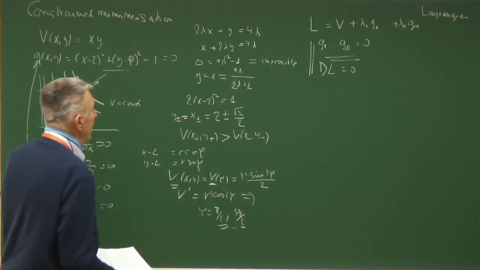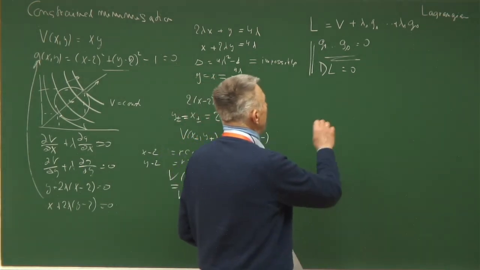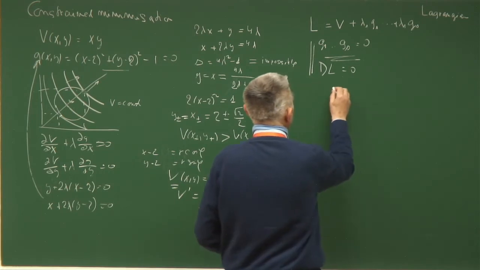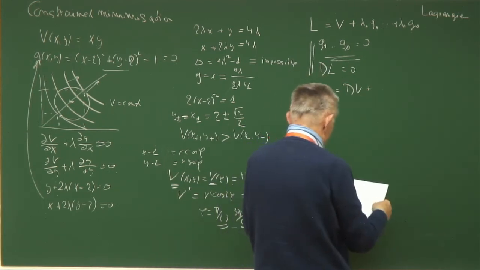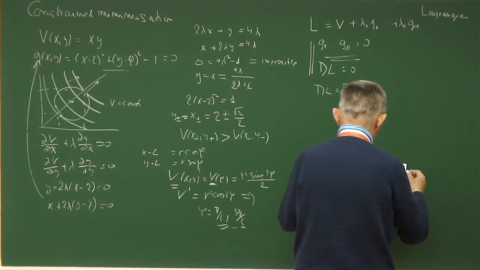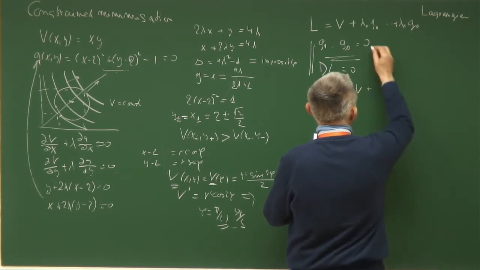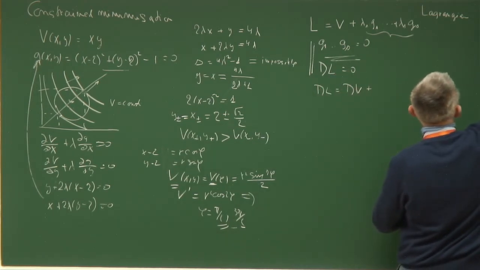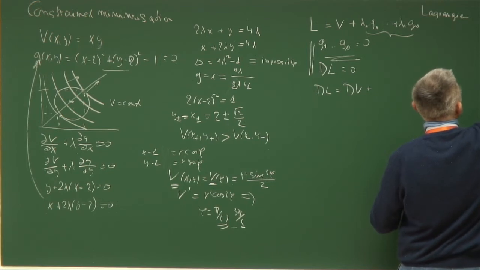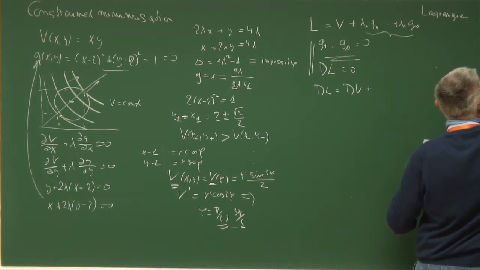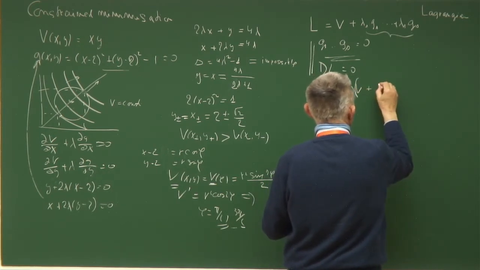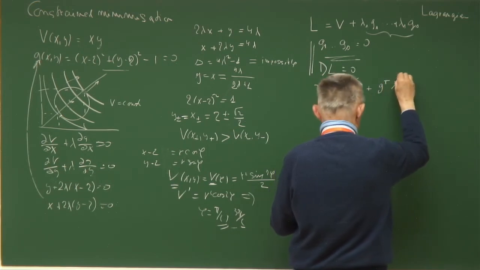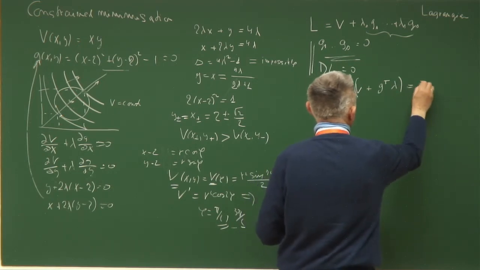Well, again, you see that means dL equals dV plus... well, here I can also write down, if g is equal to g1 to gs and lambda is equal to lambda 1 to lambda s, then you can write down this plus g transpose times lambda. That's a compact way of writing it.